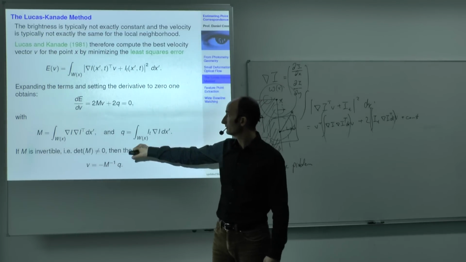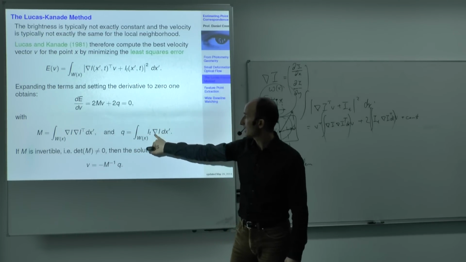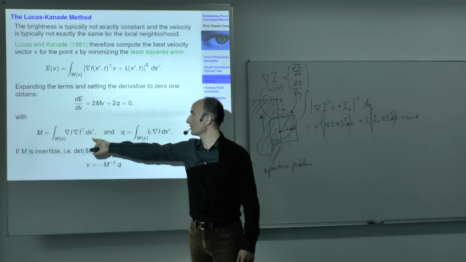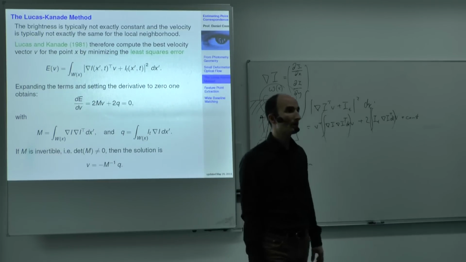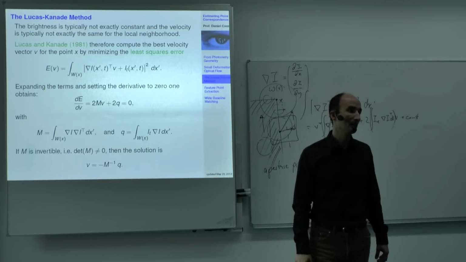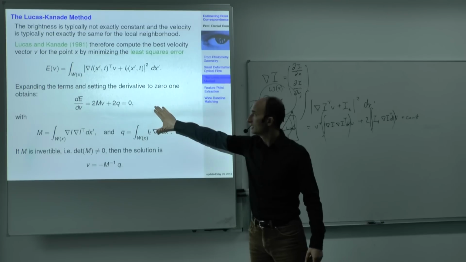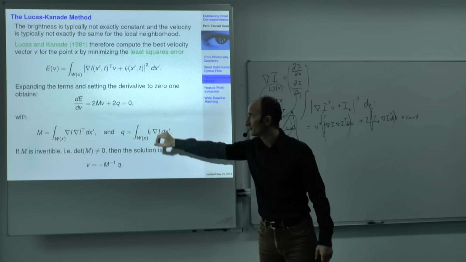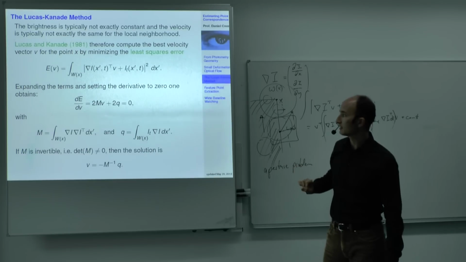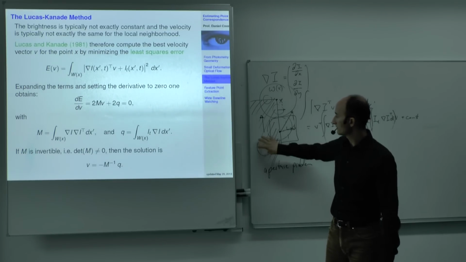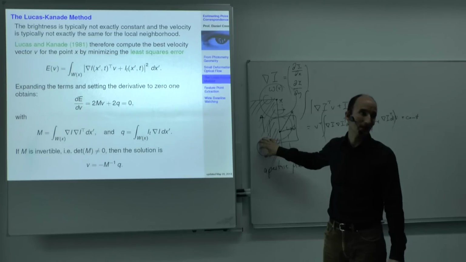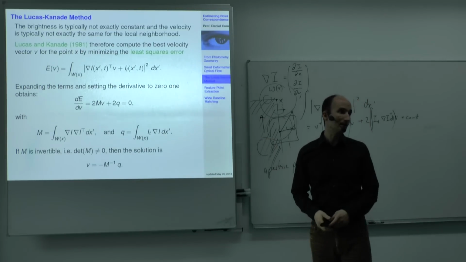Actually, it's going to be fulfilled, right? Because if nabla I is 0, then q is 0, M is 0, everything is 0, no matter what velocity you take. And so this is not surprising. This is basically the mathematical view of the fact that if you look at a constant brightness area, you will not estimate velocity.